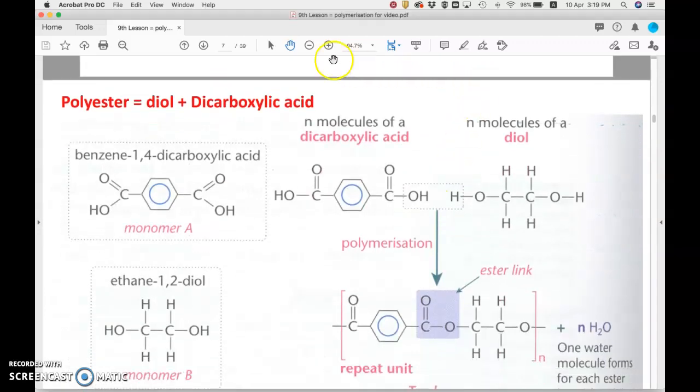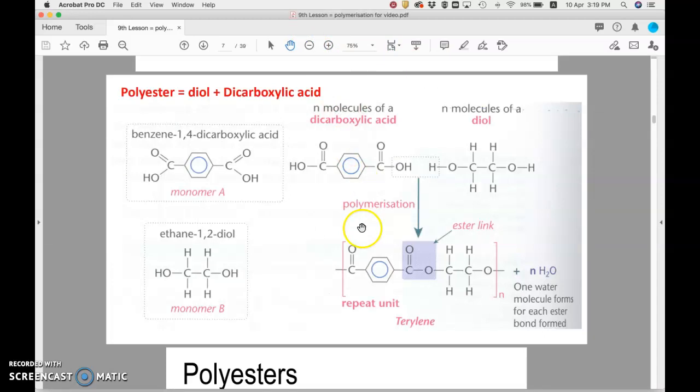And this is another graphic showing you the exact same process. So these are your two monomers, an alcohol and a dicarboxylic acid, and I think I've repeated that enough for you to understand. Don't worry about these names, certainly don't need to know those whatsoever.